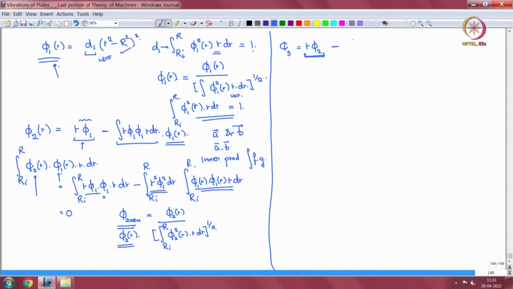So first, minus the integral from Ri to R of r phi 2 dotted, which means just multiplied, with phi 1 r dr, into phi 1, minus the integral from Ri to R of r phi 2 dotted with phi 2 r dr, into phi 2.